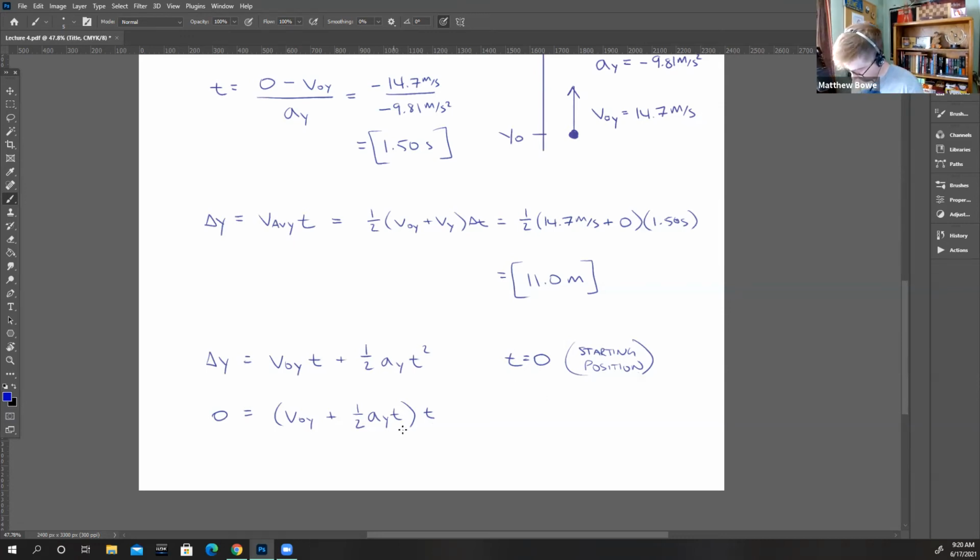So solving for the other answer, we get t equals minus 2 v naught y over a y, which is minus 2 times 14.7 meters per second over minus 9.81.